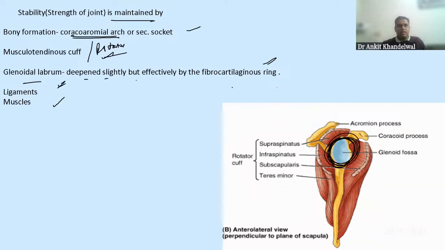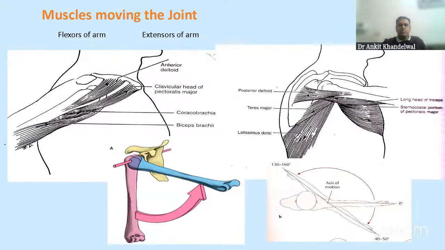Deepen slightly but effective. Ligaments and muscles all provide stability. Why do they have to provide it? Because naturally the joint is less stable. These provide extra stability so that not every person has a dislocated shoulder. Only a few will, but still, compared to other joints, it will be more.